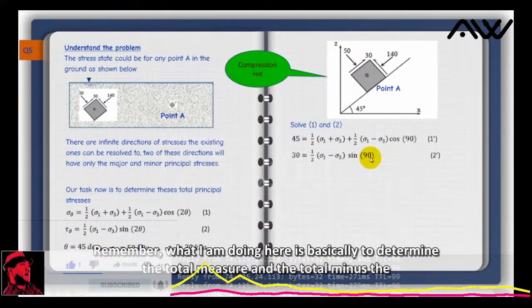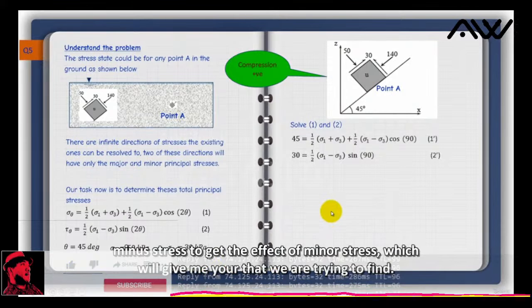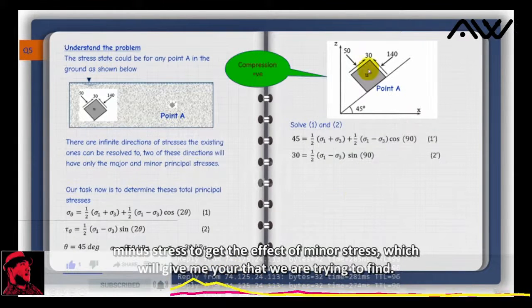Remember, what I am doing here is basically determining the total major and total minor stresses from the total stress regime given at this particular point, because I will use the total minor stress to get the effective minor stress, which will give me the U that we are trying to find.